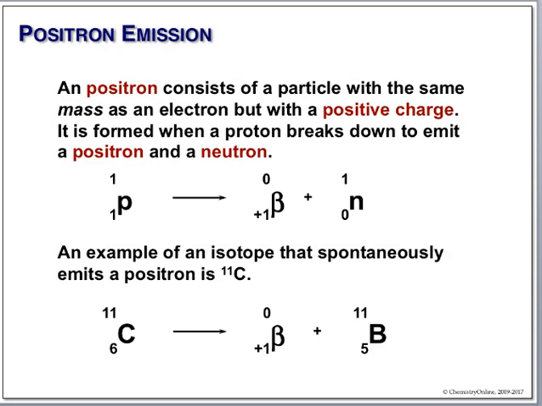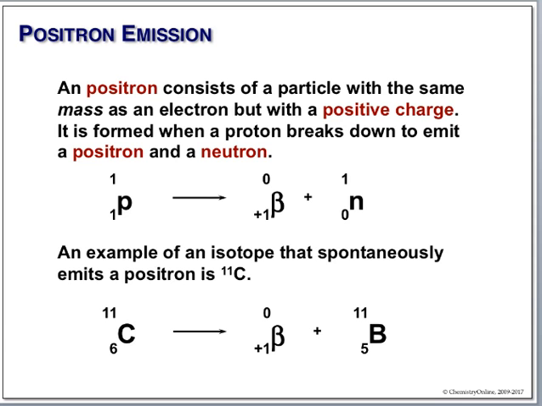You've heard of antimatter, I'm sure, if you ever watched Star Trek. Antimatter is just the opposite of everything that we know. A positron, this guy, is a positive electron.